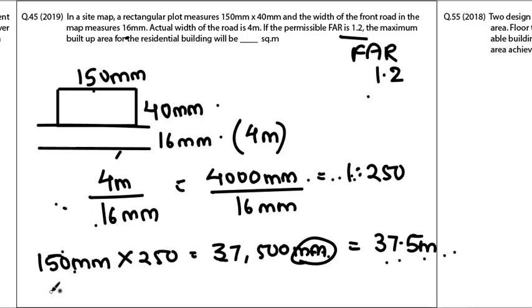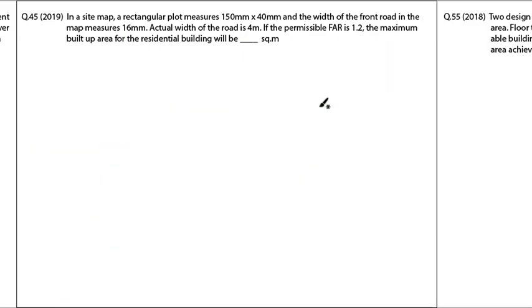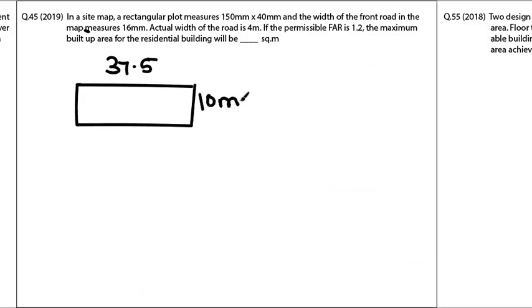Similarly, for the breadth, it's 40 mm into 250. 25 fours are 100, add 2 zeros, it's 10,000 mm, and in meter it is 10 meter. So the actual site dimensions are 37.5 in length and 10 in breadth. So the plot area is 375 meter square, 37.5 into 10.